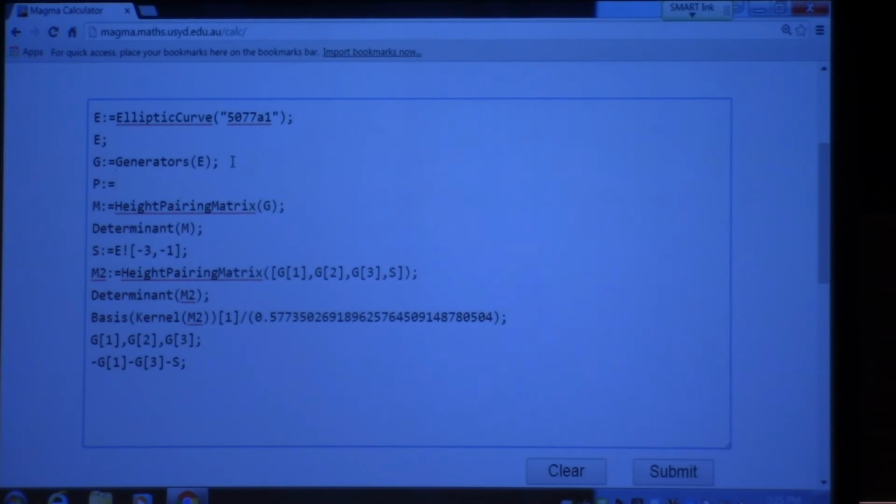Let's say P was 1, 0. Q was 2, 0. And R, minus 3. And then I'm going to do the height matrix of P, Q, R, and S. Let's see what that looks like.